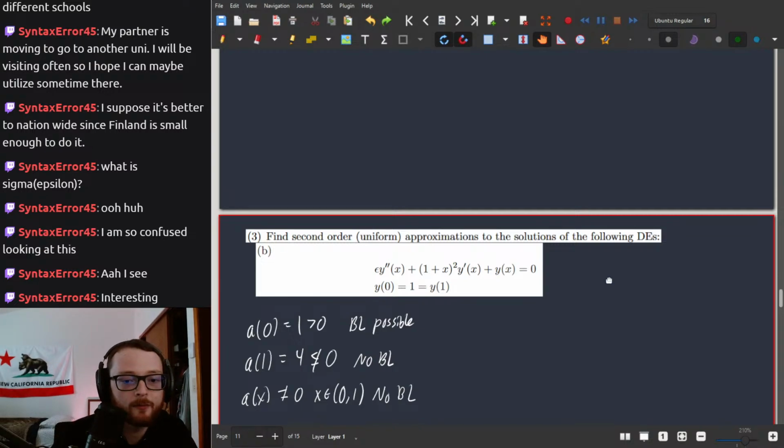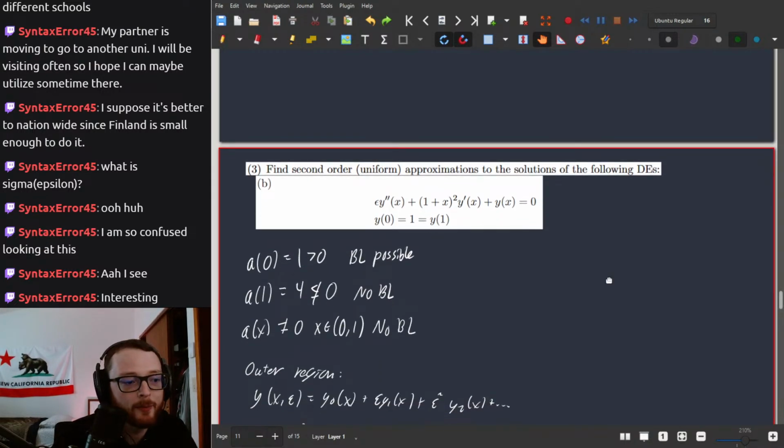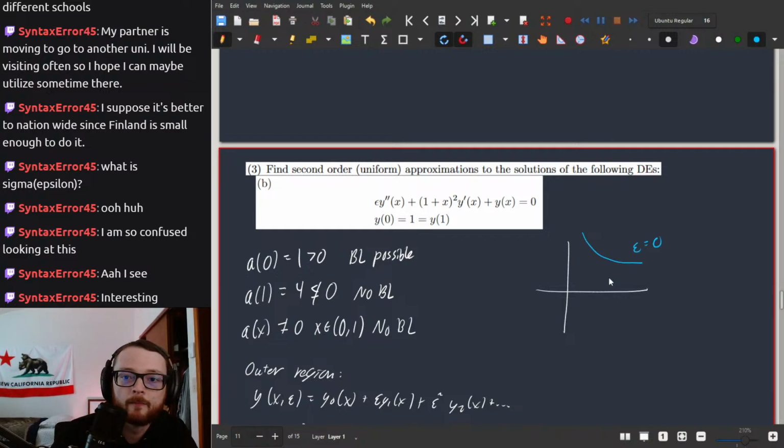I might be able to pull up a graph of it, but if you solve this ODE for progressively smaller values of epsilon, like 0.1, 0.01, 0.001, you'll get a series of functions. Say this is the true solution if epsilon actually equals 0. You might get this sequence of functions that has some kind of interesting behavior like this.